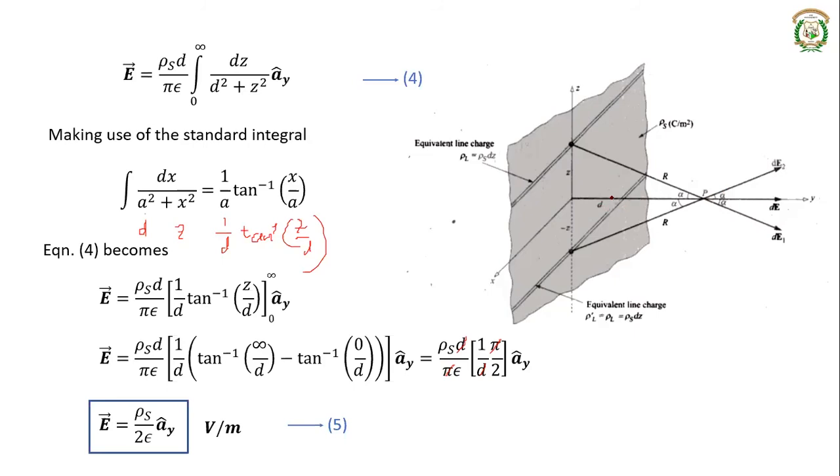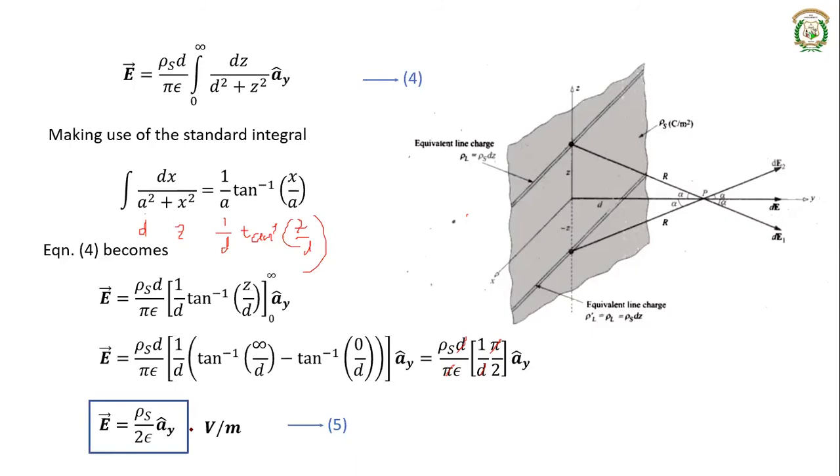Suppose we consider a point in the negative y-axis somewhere here, then the direction will be minus ay. So it will be minus rho s divided by 2 epsilon into ay cap, right? In the positive y-axis, anywhere you take, it will be rho s divided by 2 epsilon into ay cap. In the negative, it will be minus rho s divided by 2 epsilon into ay cap.